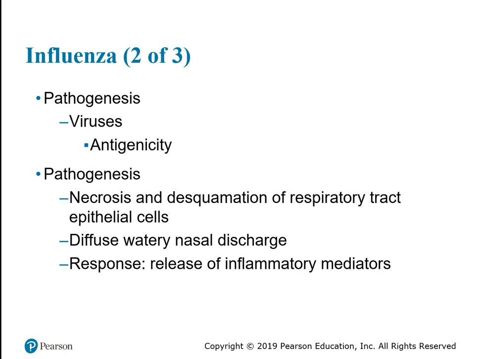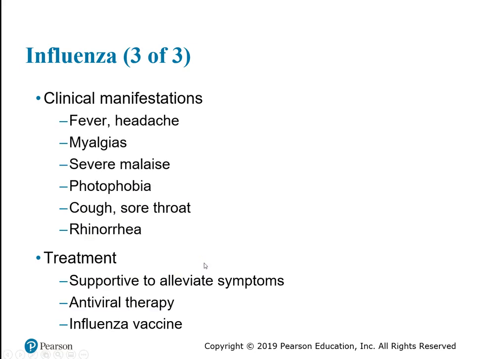All right. So again, some of the same things we talked about before. You're going to have some epithelial cells that end up dying, and some damage there. And then a release of inflammatory mediators, which leads to the clinical manifestations you might have. Okay, what's the treatment? There is an antiviral therapy that you can be given as long as you take it early on in the course.